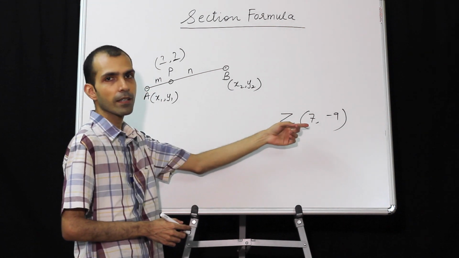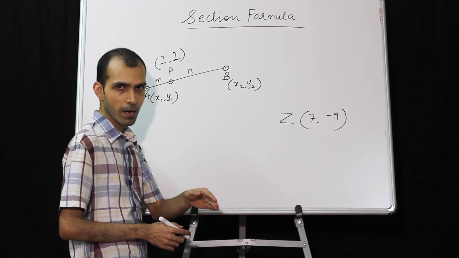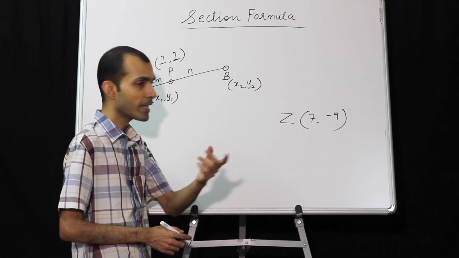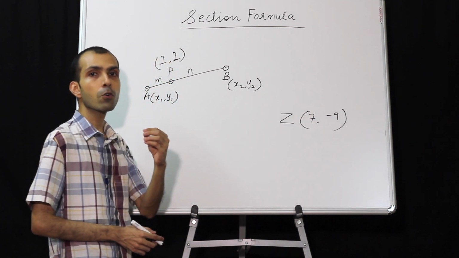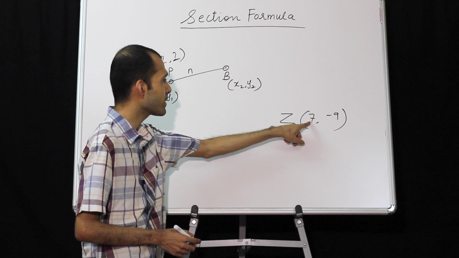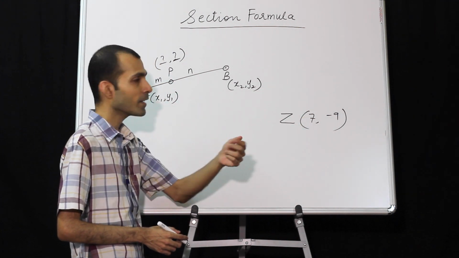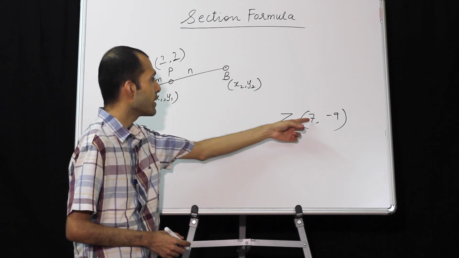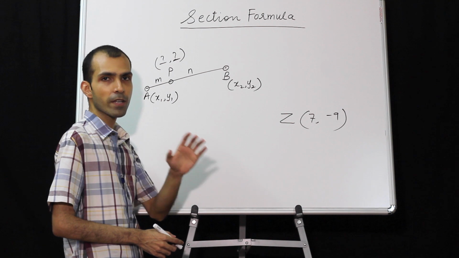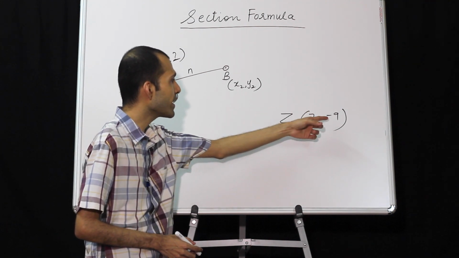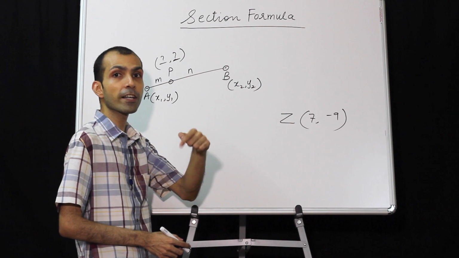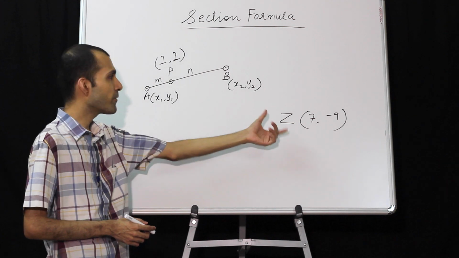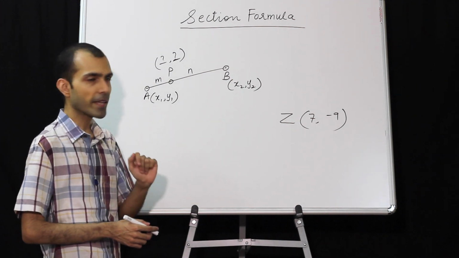X coordinate is also known as abscissa and y coordinate is also known as ordinate, and together they are known as coordinates. Okay, this is the way we can fix the point in the xy plane.